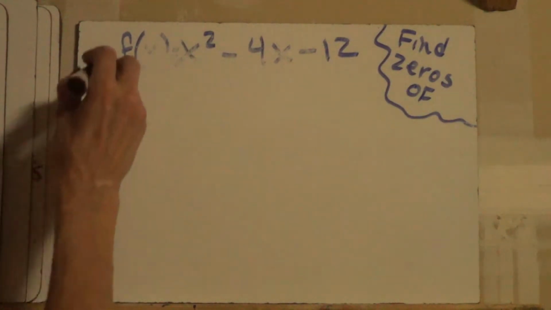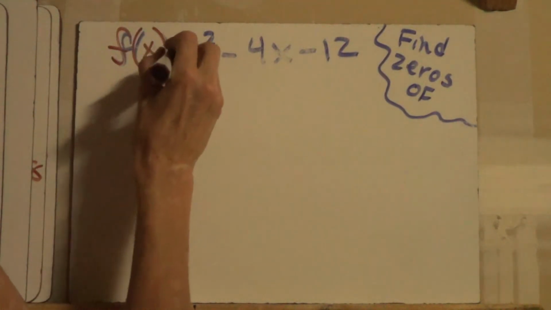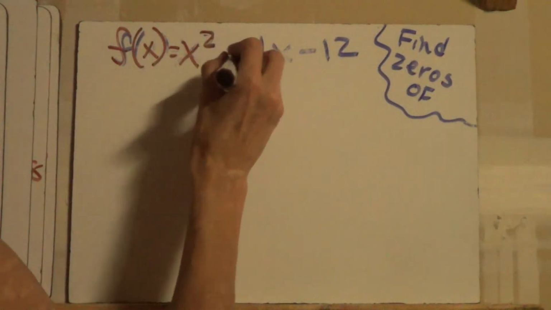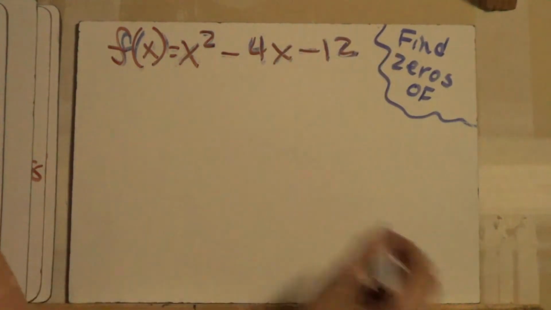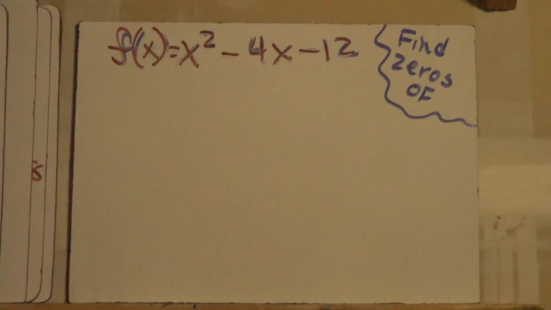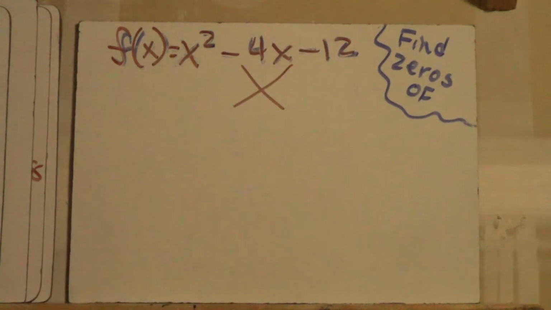Okay, now if you have a function and they're asking you to find the zeros, one way to do this is to graph it and see where it crosses the x-axis. Another way to do it is to factor it and set this equal to 0.